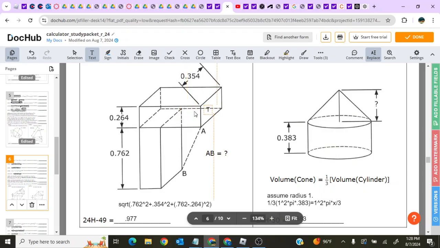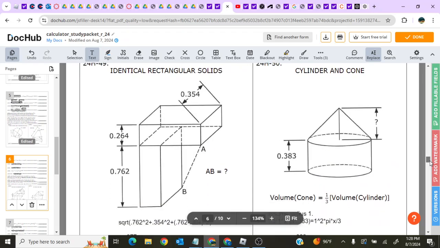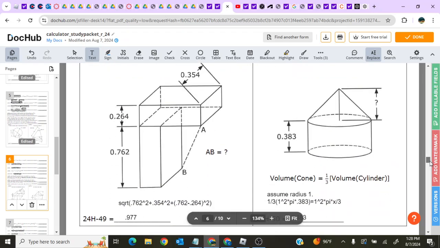Then you need to figure out this, which is a little bit more complicated. So you see how the end is given in case you didn't see that they're identical rectangular solids. So as you can see, this smallest section here is 0.2.